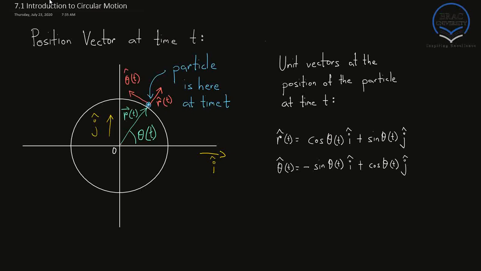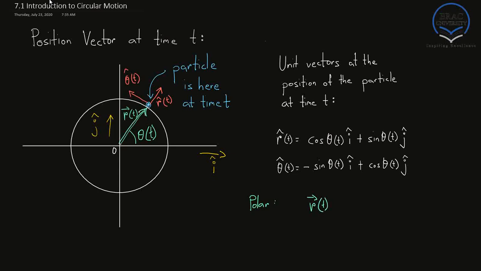Now that we have the polar unit vectors at the position of the particle at time t, it's very easy to talk about the position vector at time t. In polar coordinates, what's r of t? r of t is this arrow right here.